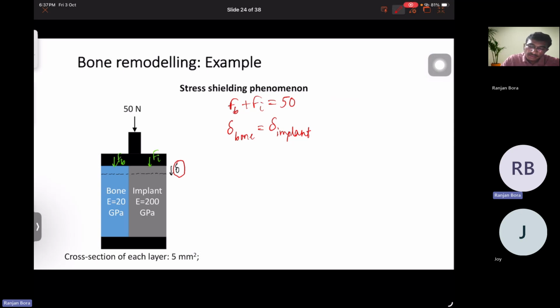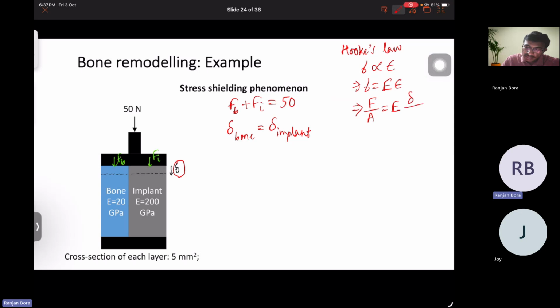So now this delta we can write using equations. We know that from Hooke's law, stress is proportional to strain. So stress equals Young's modulus multiplied by strain. And what is stress? Stress is F divided by area. And what is strain?